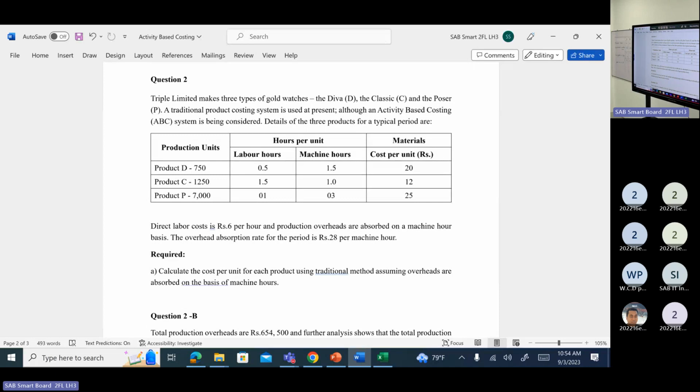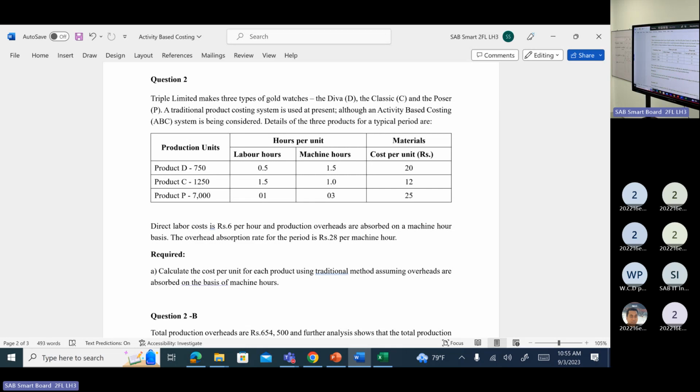Labor hours per unit, machine hours per unit, and material cost per unit are given. Direct labor cost is 6 rupees per hour and production overheads are absorbed on a machine hours basis. Overhead absorption rate is 28 per machine hour. So you are given all that information and are required to calculate the cost per unit of each using the traditional method, assuming overheads are absorbed on the basis of machine hours.